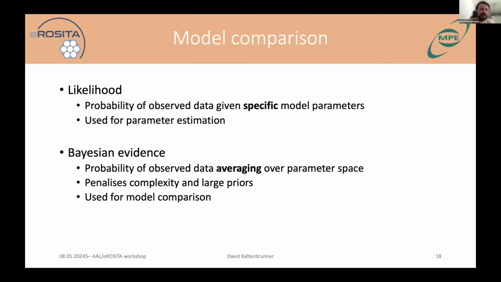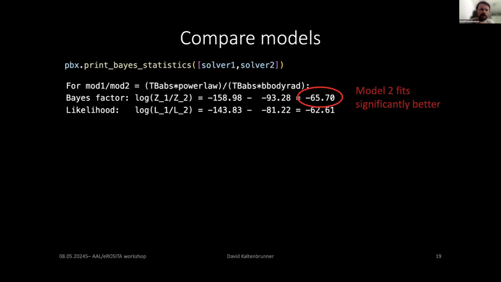Right, and then using this Bayesian evidence, we can then compare different models, which in BXA is done with a script that I will be providing you, but that's also on the GitHub of BXA. And then this prints the Bayes factors, so basically the difference between the log evidences of the two models, and also it compares the likelihoods.